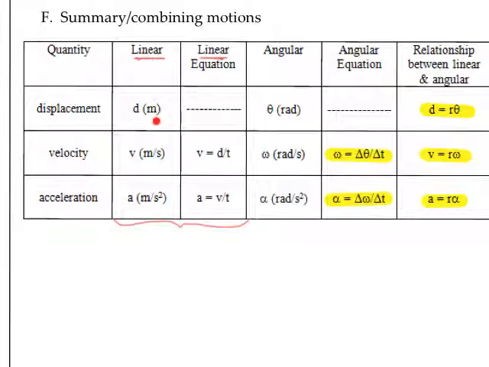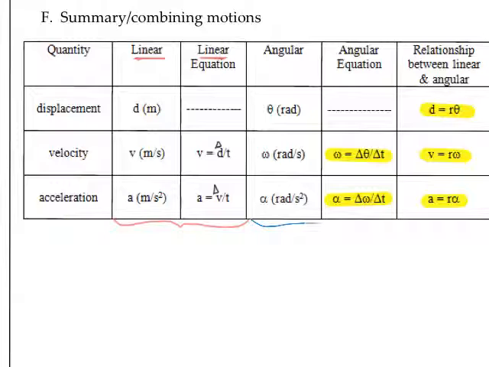Displacement was a d in meters, velocity was a v in meters per second, and acceleration was an a with meters per second squared. We did not have an equation for displacement, we just simply made a measurement. When we did velocity, it was displacement over time, and acceleration was velocity over time. You can also put in your deltas in front of the displacement and in front of the velocities to remind you that it's a change as well.